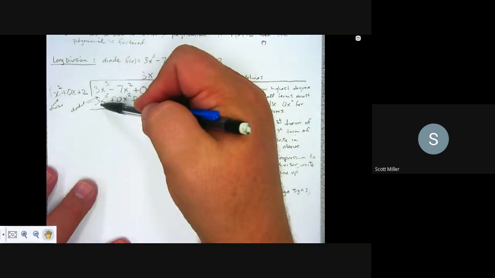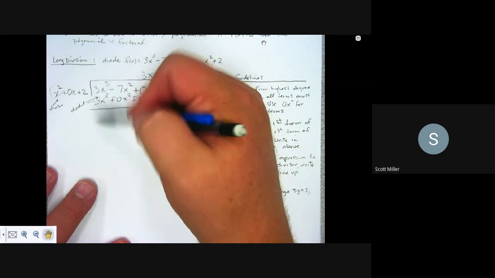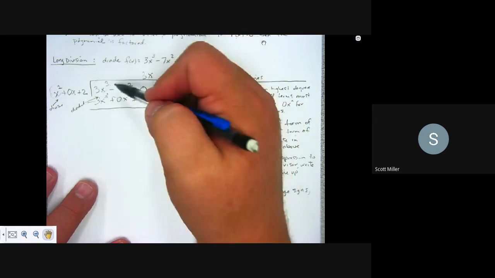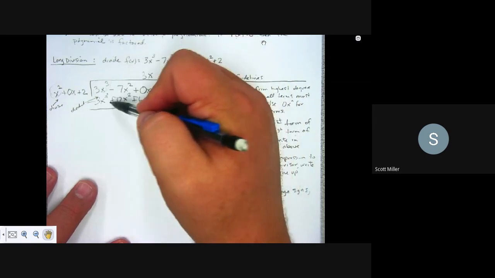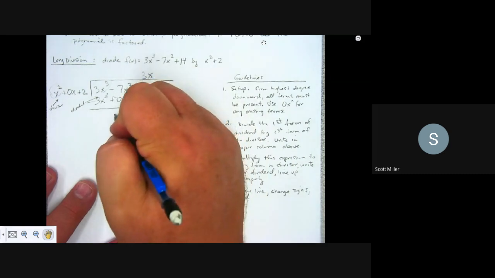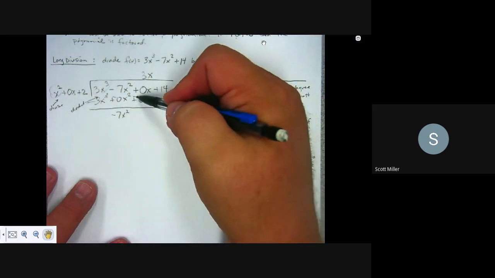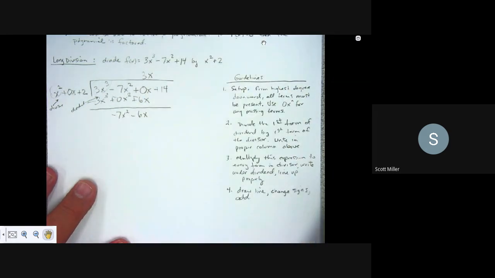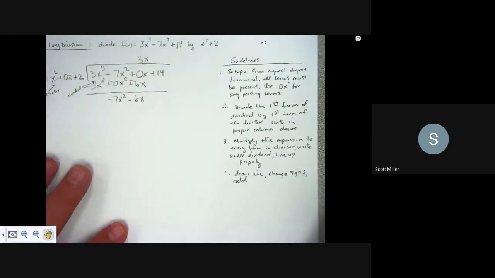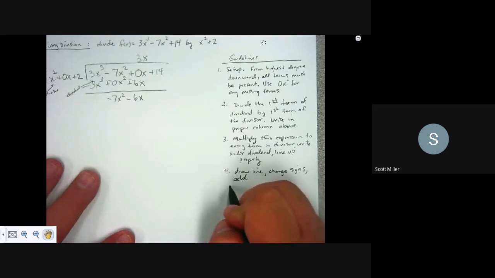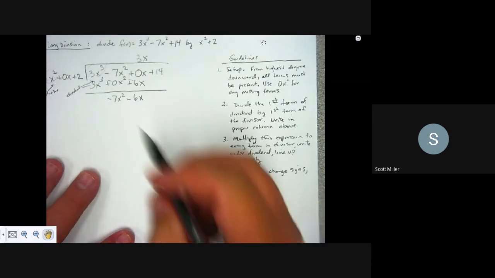This plus a negative 3x to the third is 0. And that should happen because that's what you were trying to accomplish. A negative 7x squared plus 0 is a negative 7x squared. 0 plus a negative 6x is minus 6x. So that's how that works. Once you do that, back in grade school you brought down the next number.